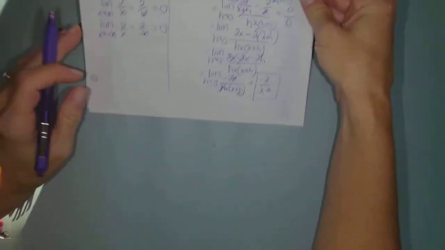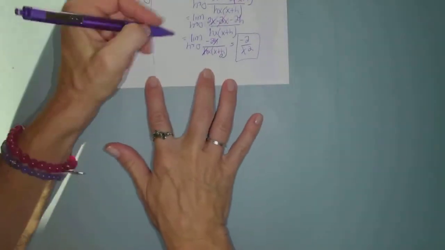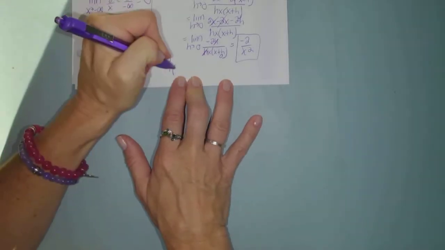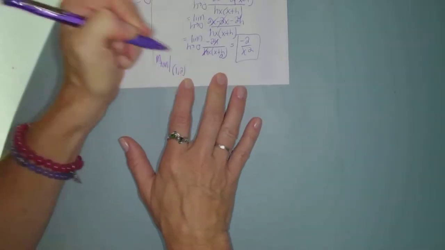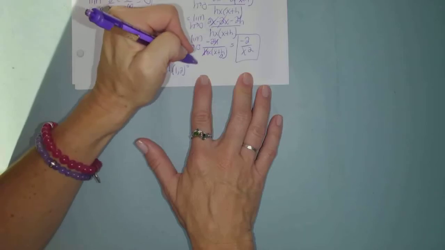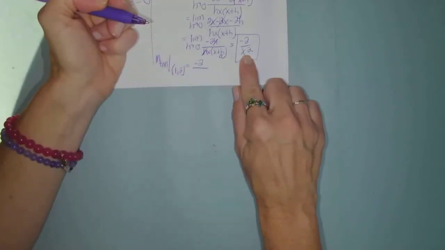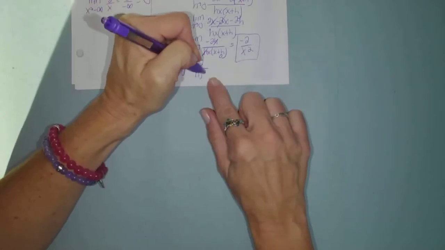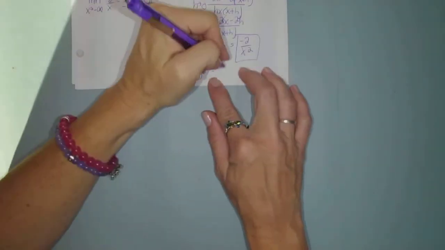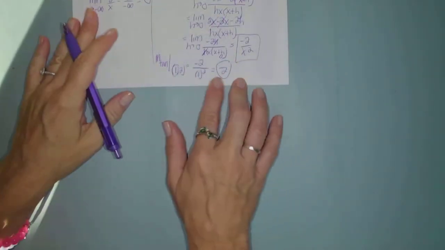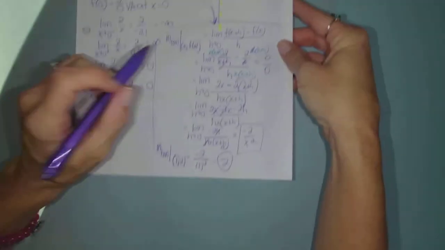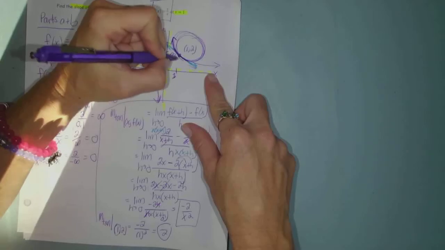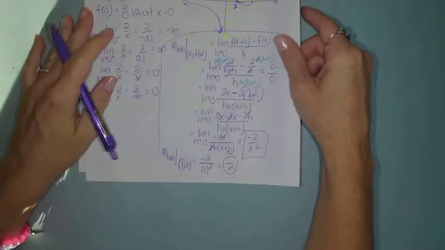So my final step would be: slope of the tangent at the specific point (1, 2) is equal to -2 over, now I'm going to plug in my x, which is 1, so 1 squared, and I'm going to get -2. I'm glad it's negative because visually I knew it was negative. So the slope of this tangent line is -2.